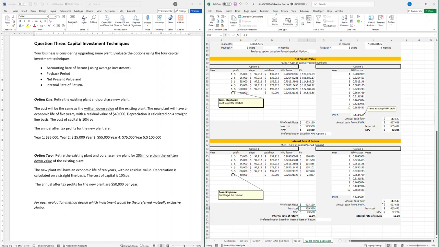Again, you go to data, you look for what-if analysis, and you choose goal seek. What we're setting is what if our NPV equals 0, and what will be our internal rate of return. That's for product one only. Let's click it. And the internal rate of return will be 14%.